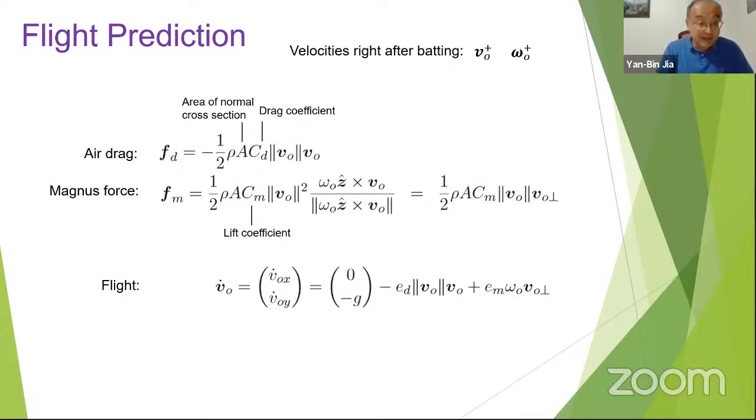Another example is from soccer: you can do the banana kick, making it bend outward or inward depending on which part of your foot touches the ball. That Magnus force is always orthogonal to the velocity, and in planar cases also orthogonal to the z direction.